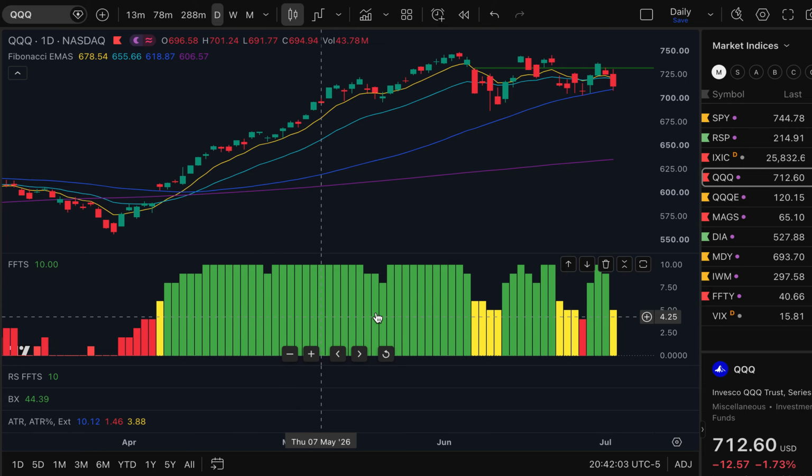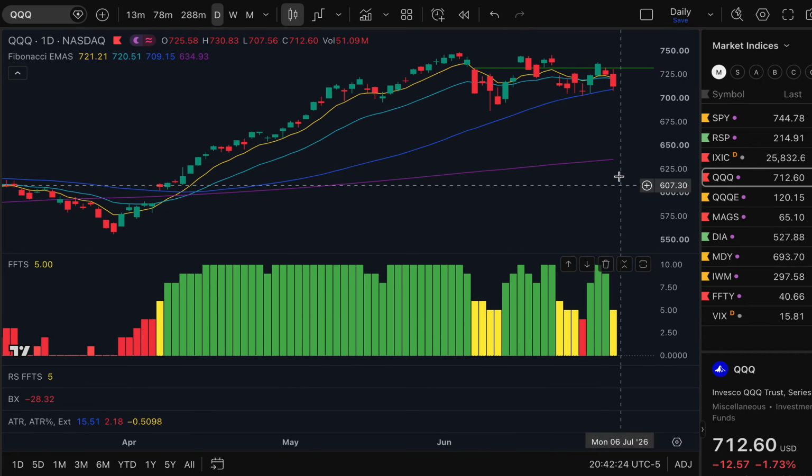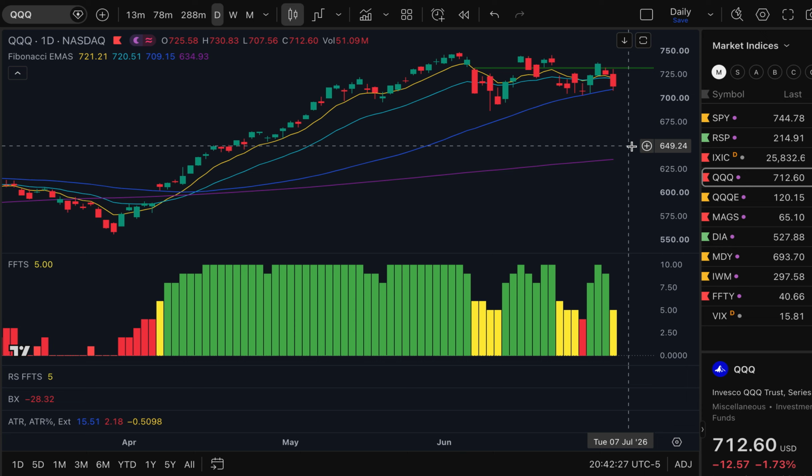Notice the uptrend continued, it stayed green. The lowest you got was here, that's 8, stayed green. Then on June 5th, it did drop down to a 6, which I've colored yellow. So that was sort of a change in what's going on. So that's how the Fast Fib Trend Stack indicator works.